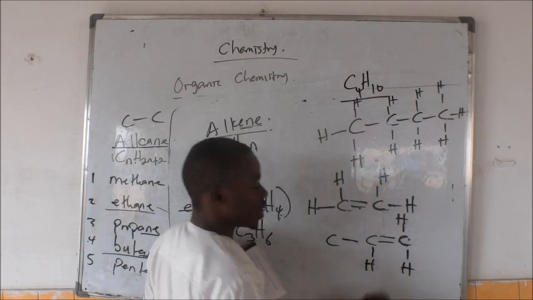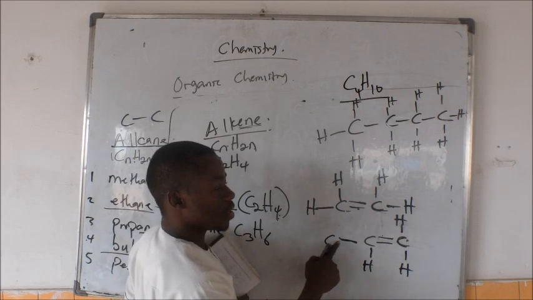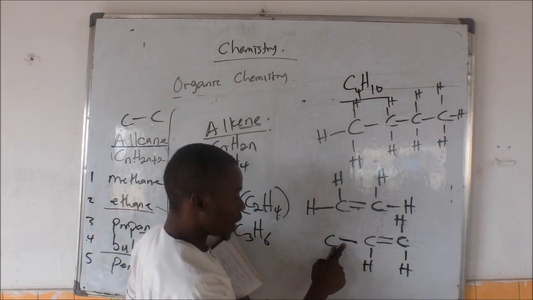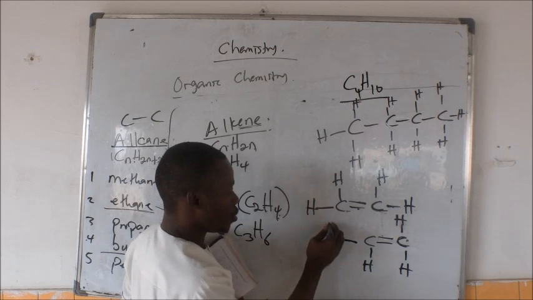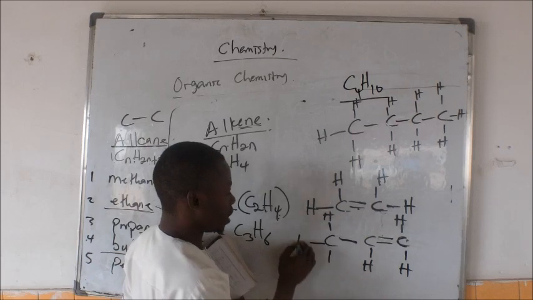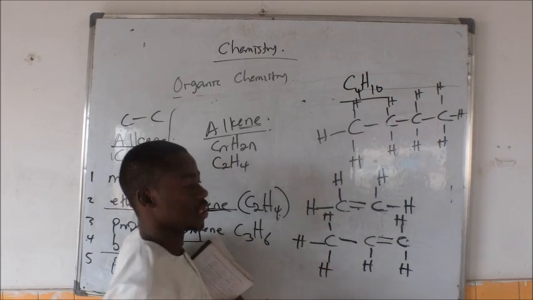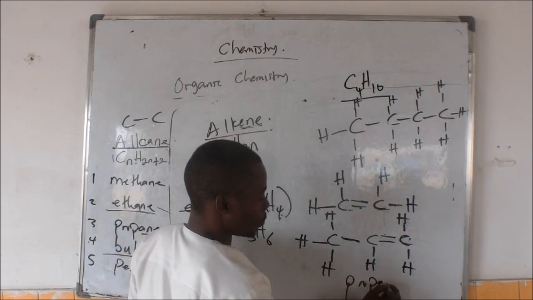Then you have hydrogen. This one now, how many bonds does it have already? 1. That means it needs 3 bonds for it to complete 4. You have 1 here, 1 here, and 1 here. Then you can put hydrogen here and hydrogen here. So this is propene.